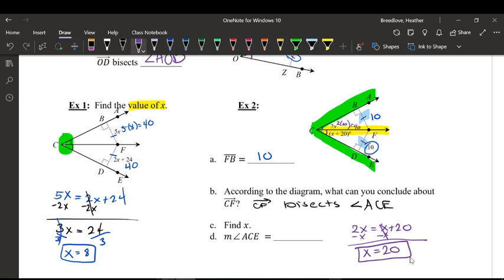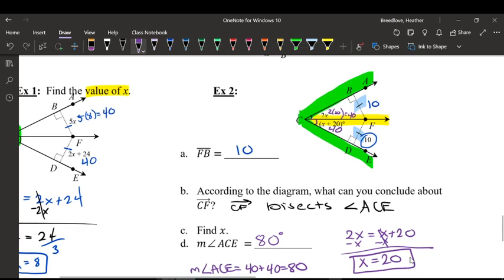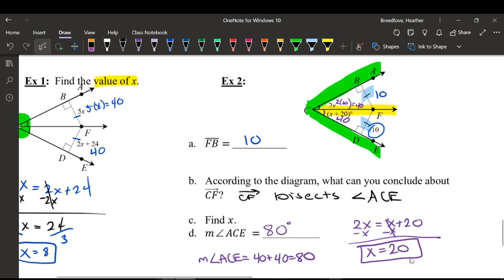And if the top one is 40, then the bottom one is also 40. Or you could solve it: x plus 20 is 20 plus 20, that's 40. 40 and 40 is 80. So this is 80 degrees. I'm going to write it anyway. The measure of angle ACE equals 40 plus 40, which is 80. And that's what this 5-1, bisectors of angles, is about.